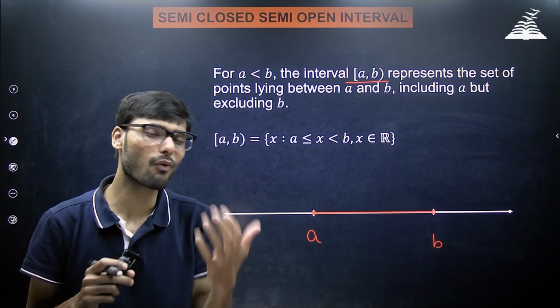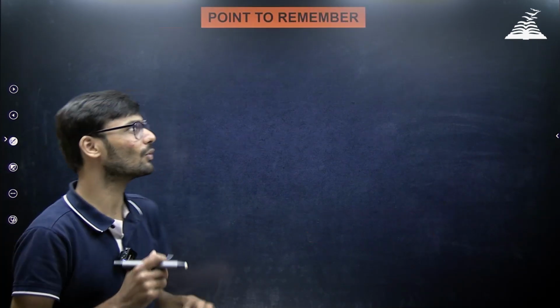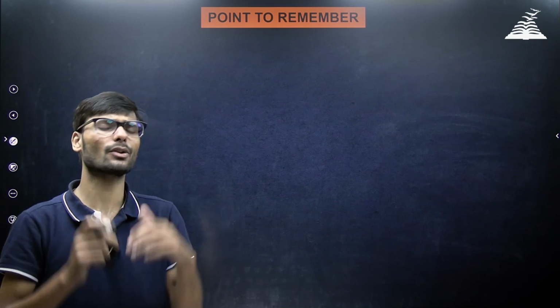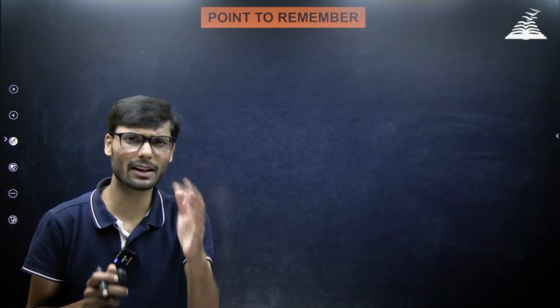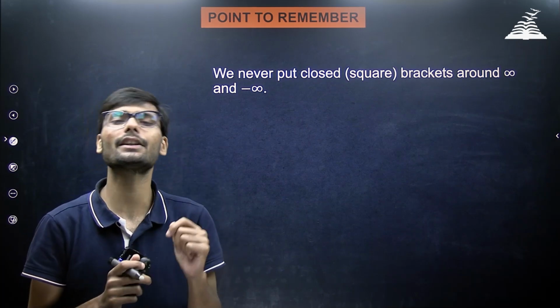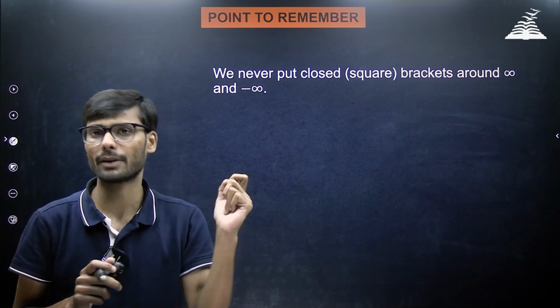So let us now move forward and take a look at a really important point. The thing is that we will never put a closed bracket or square brackets around plus infinity or minus infinity. Around plus infinity or minus infinity, we must always put open brackets only.